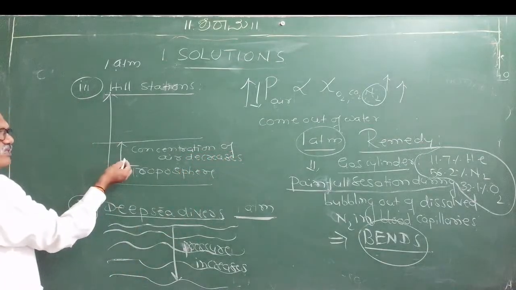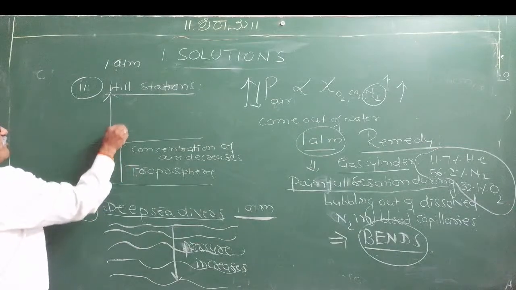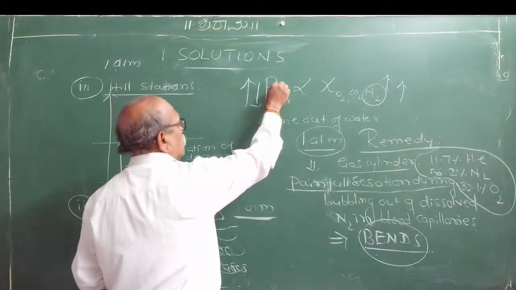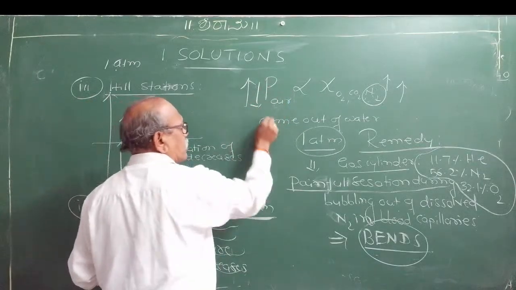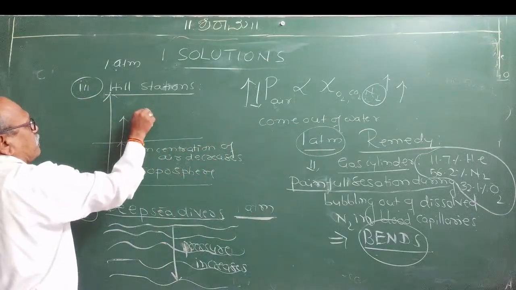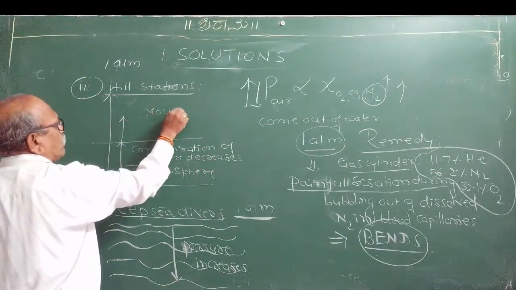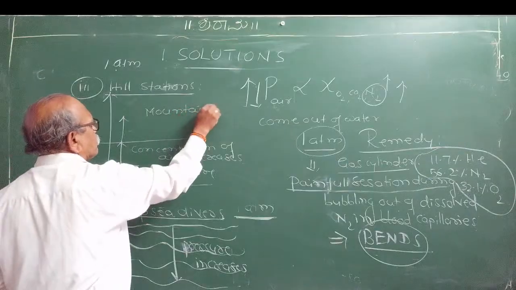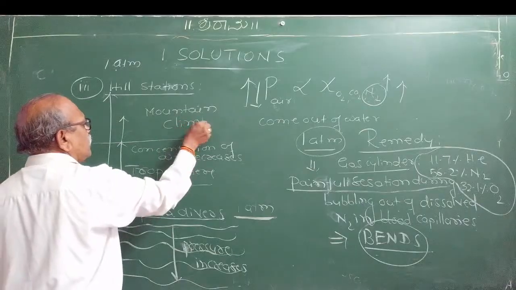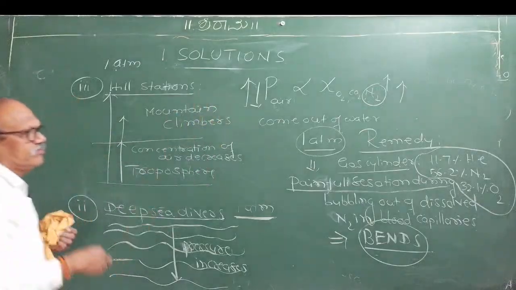Concentration of air decreases. Means when the concentration of air decreases, the pressure of the air will decrease. When the pressure of the air decreases, mountain climbers, like those on Mount Everest, will feel a deficiency of oxygen.